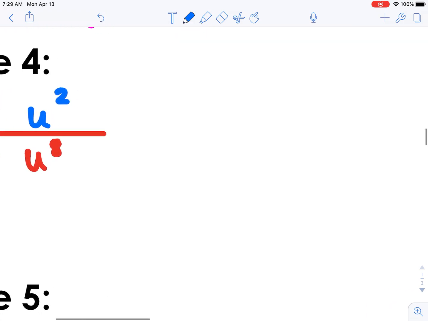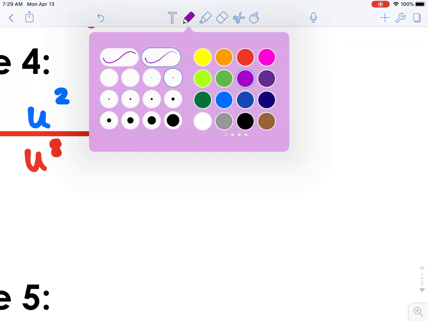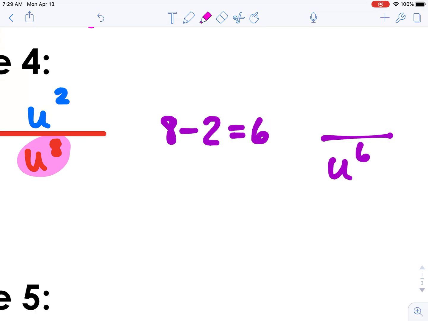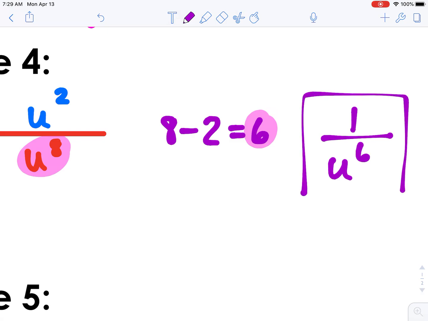Once you have positive exponents, that's when it's okay to do your rules. We are going to subtract our exponents because we're dividing. Bigger minus smaller, 8 minus 2 is 6. But where is the bigger exponent? It's in the denominator, in the bottom. So we're going to put u to the 6 in the bottom with 1 as a placeholder on the top.